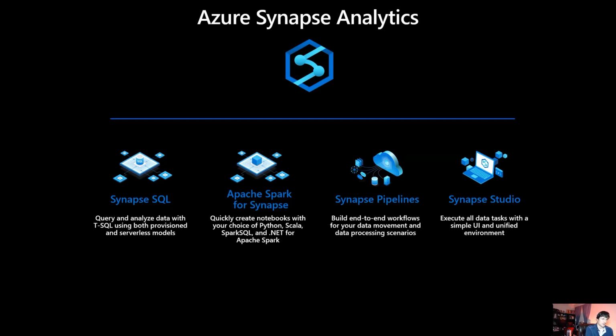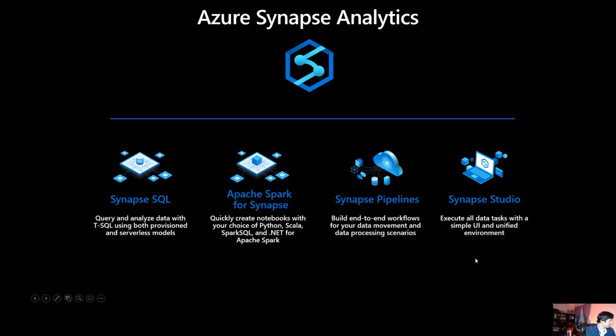And then Synapse Studio is that single pane of glass that binds all these together and lets you develop on one product. The Synapse Workspace is what literally is the glue between these pieces, so that I can log in once and use all these different capabilities, and I can monitor once across all these different capabilities in that one place. So I'm going to show a lot of this stuff today.